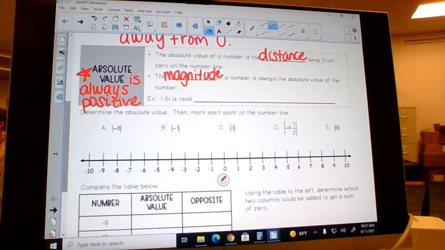Here, these two lines, okay? Those two lines are our absolute value symbols. That's how I know that I'm taking the absolute value of something. So the way that you read this right here is that it's the absolute value of negative 5. The absolute value of negative 5.